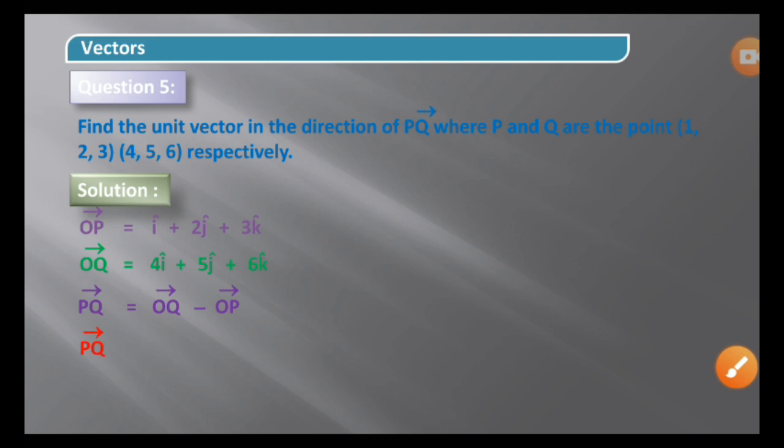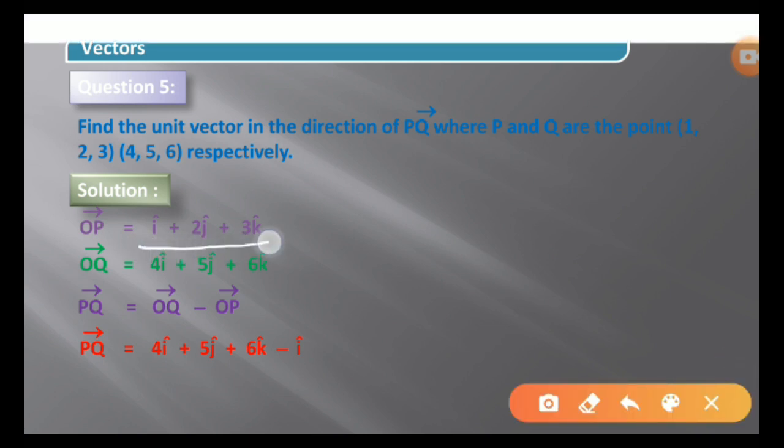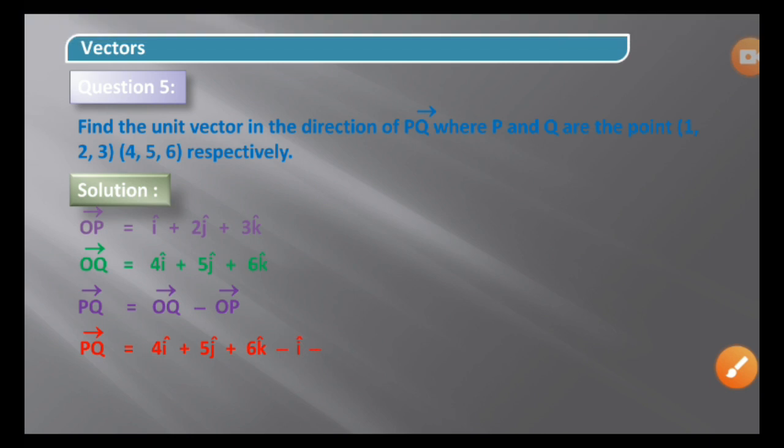Therefore, PQ is equal to OQ vector 4i plus 5j plus 6k minus the bracket of i plus 2j plus 3k, which means we multiply the minus sign to these terms, so we have minus i minus 2j minus 3k.